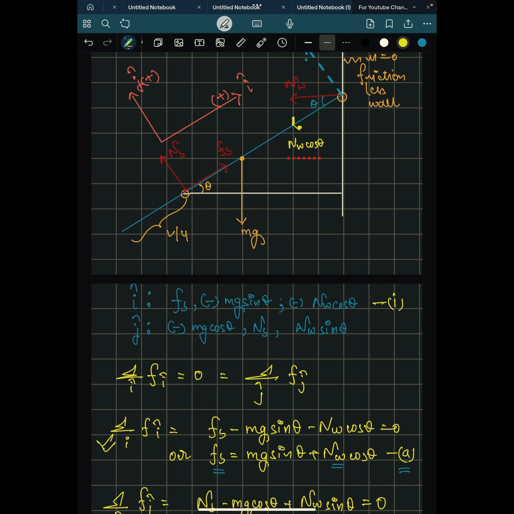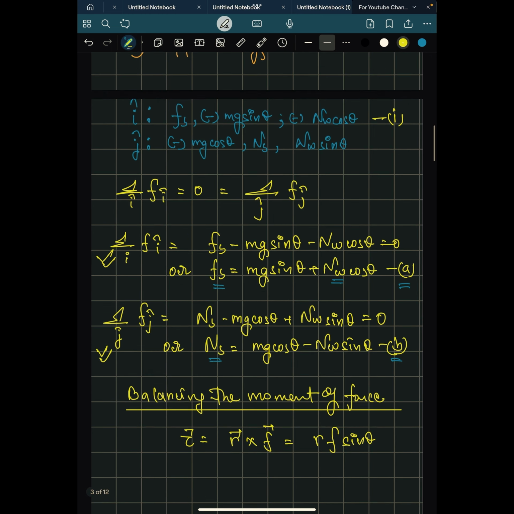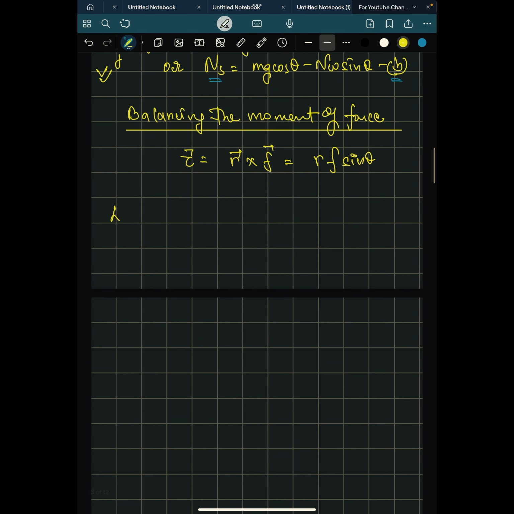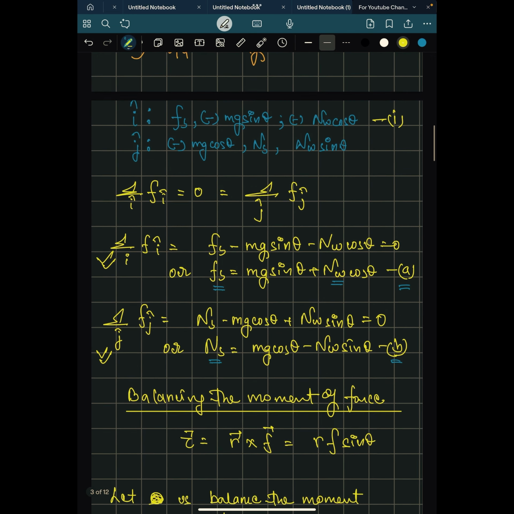So what we do is let's choose this point and call it O. Okay, so now let us balance the moment about the point O. Now why are we choosing the point O?